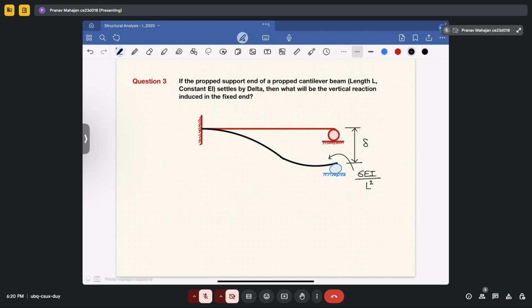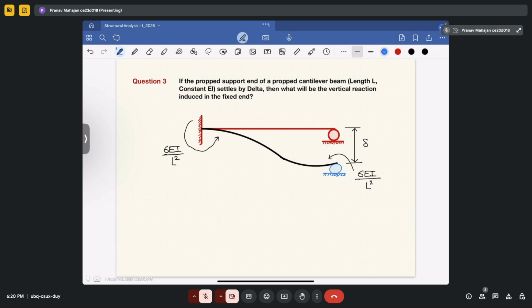That means, to keep the beam at 0, another moment will also come into picture at the fixed support, equal to the same value, 6 EI upon L square. Fine.